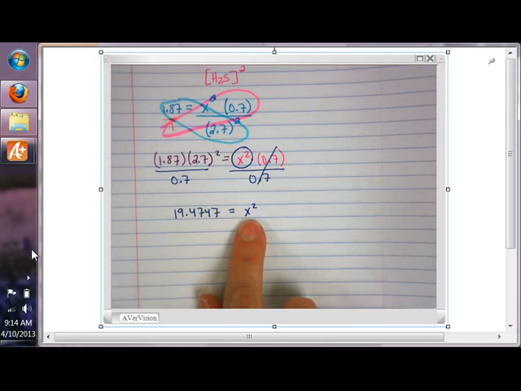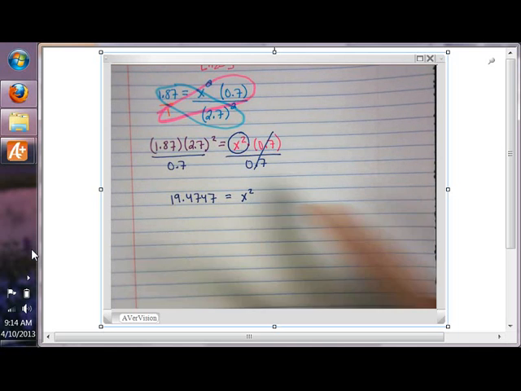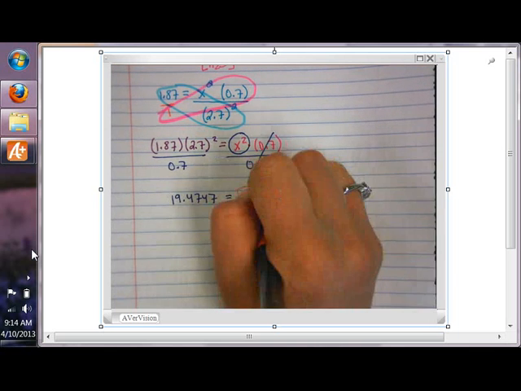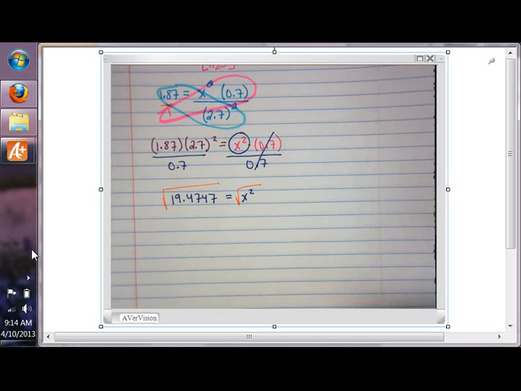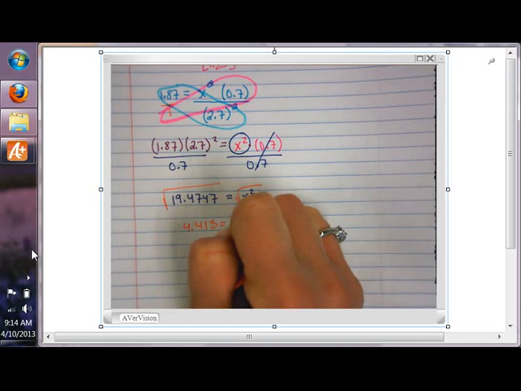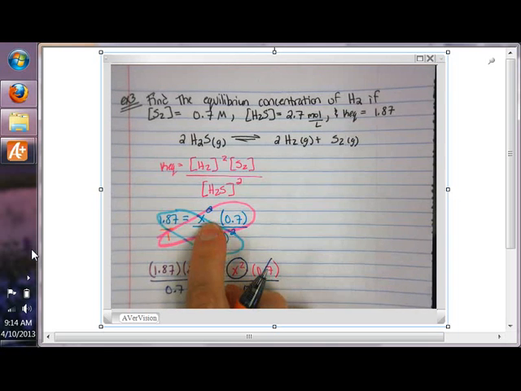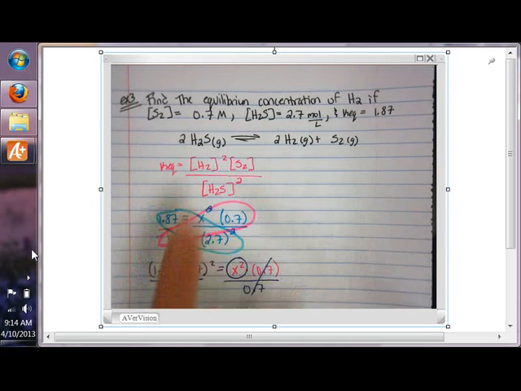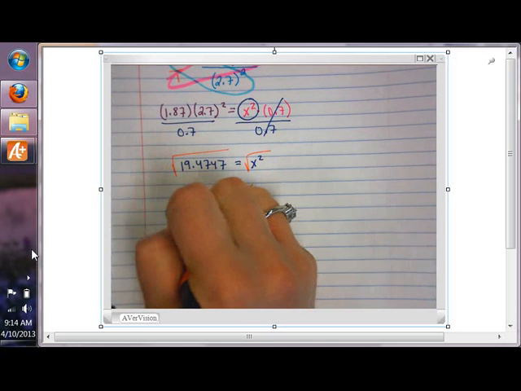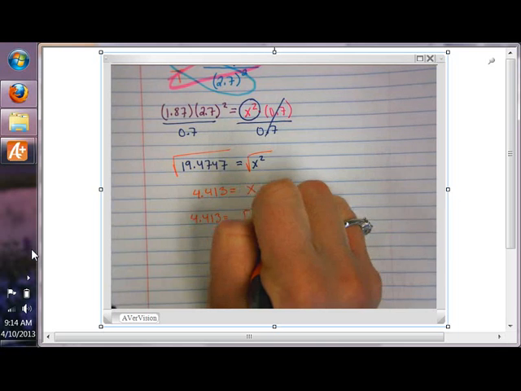So now you need to solve for X squared. We just want X, not X squared. So what we need to do is take the square root of each side, and that's going to give me 4.413 equals X. Okay, but X was really just the concentration of H2. So 4.413 equals the concentration of H2.